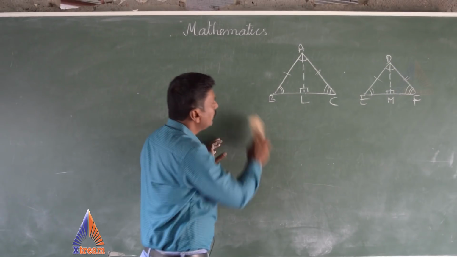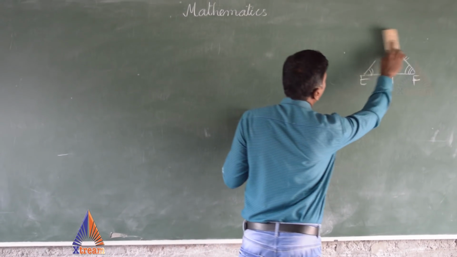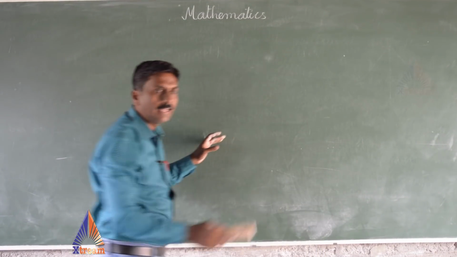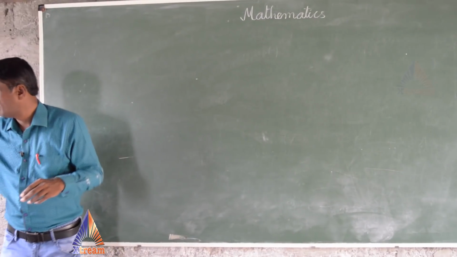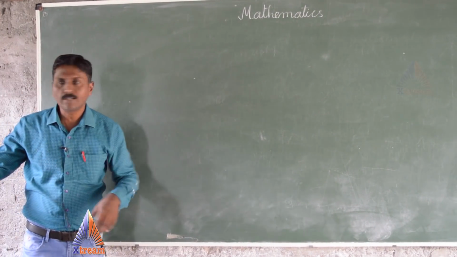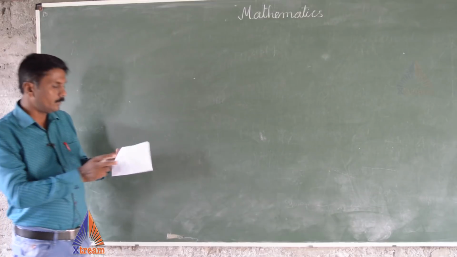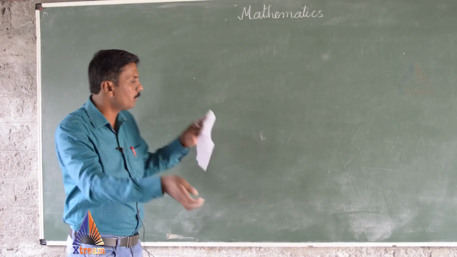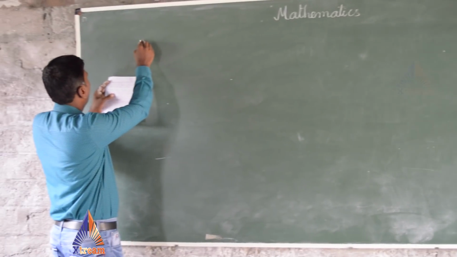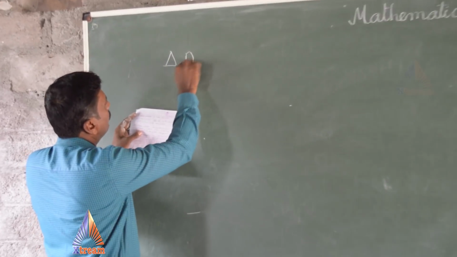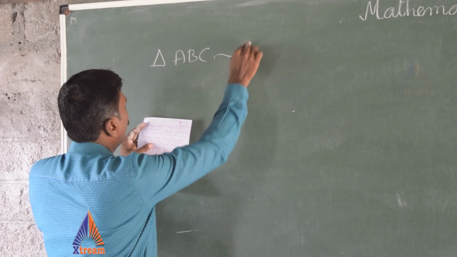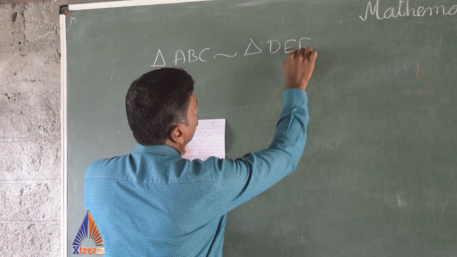Okay, so if we work on a few problems, we get an idea about the theorem. Now, here is a problem. Triangle ABC is similar to triangle DEF.